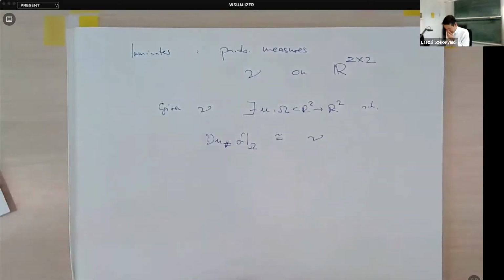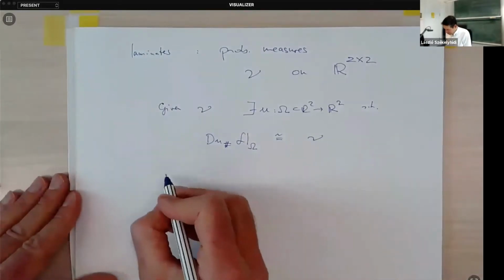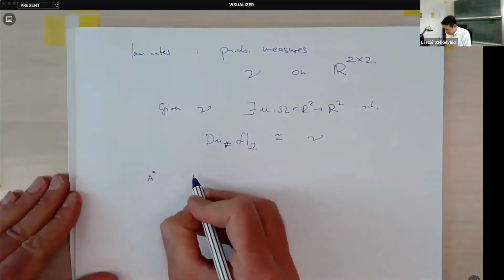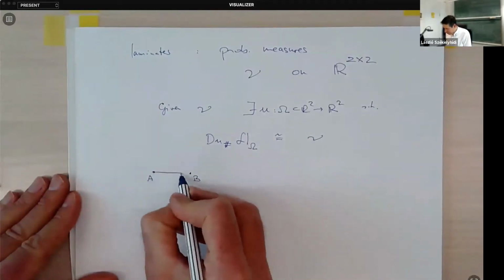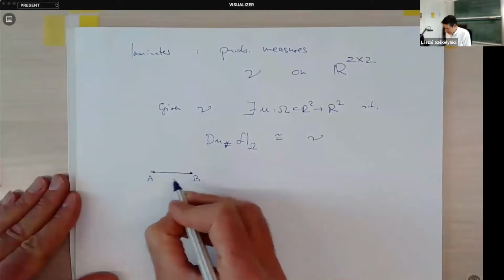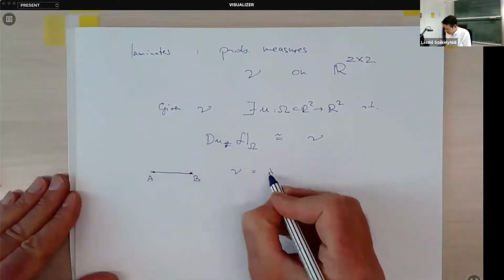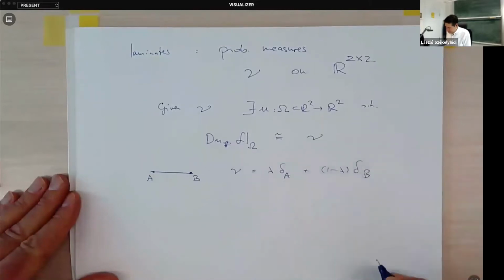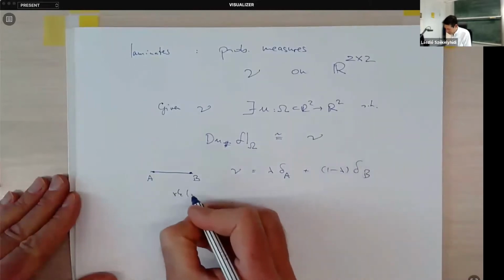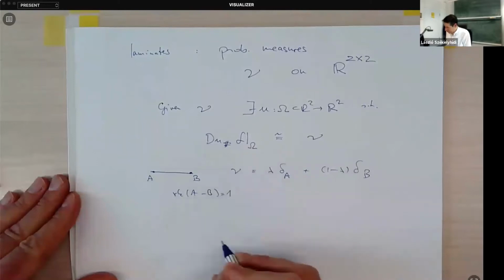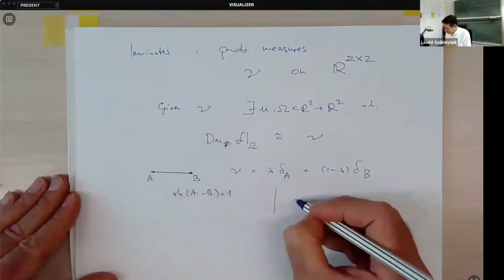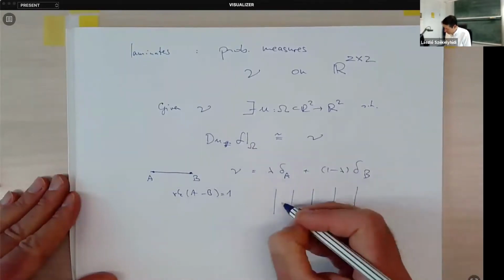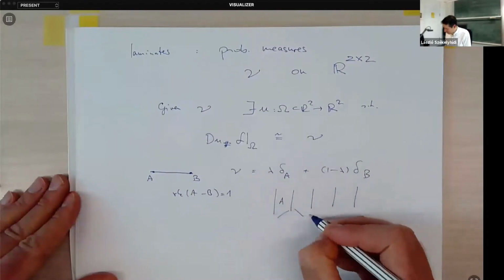Okay. So a simple case is when you have two matrices A and B and the difference is rank 1, then a typical laminate would be lambda delta A plus 1 minus lambda Dirac at B. So here rank of A minus B should be 1. And then you can find the mapping, which is of this type, where it's sort of like a roof type mapping.